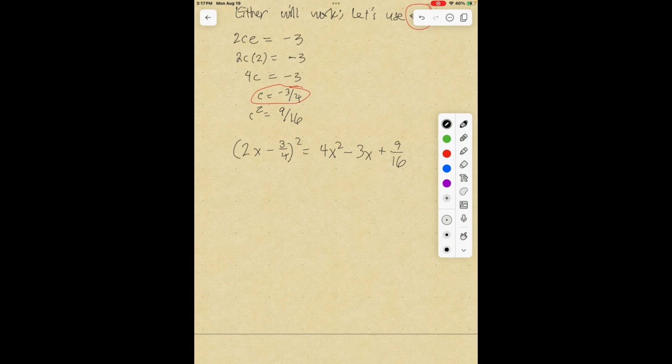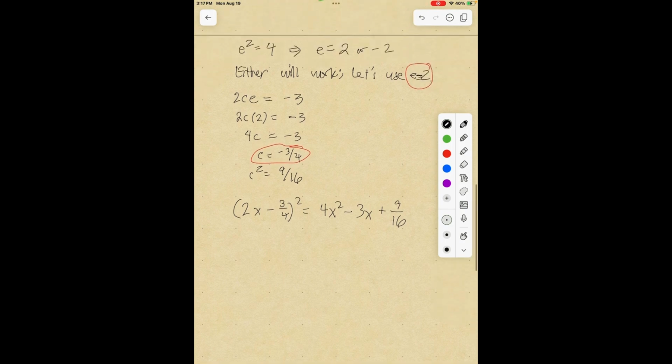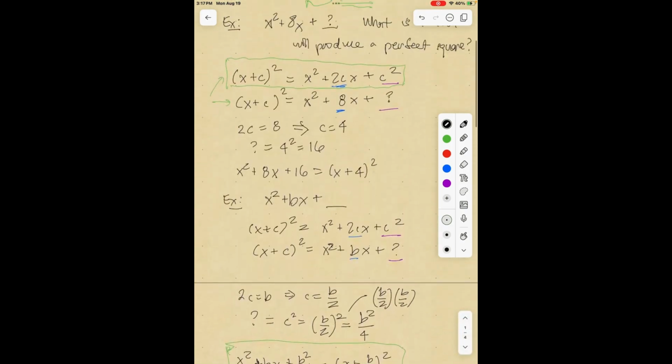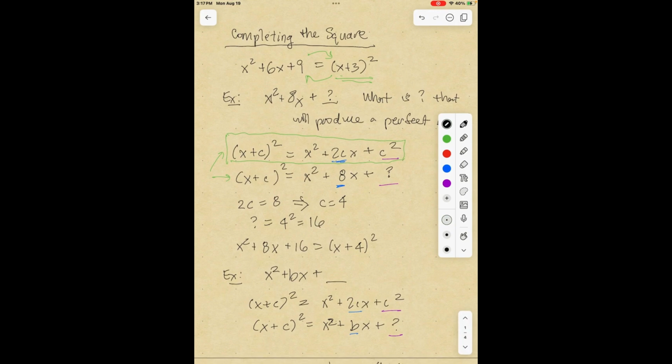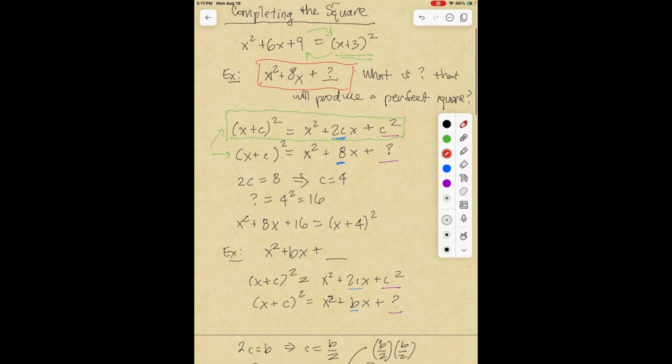So a lot of videos explain completing the square, but they just tell you, probably a lot of math teachers will just tell you, that you take the 8 and you divide by 2 and you get 4 and then you square it and you get 16. But here we explain why you do that.